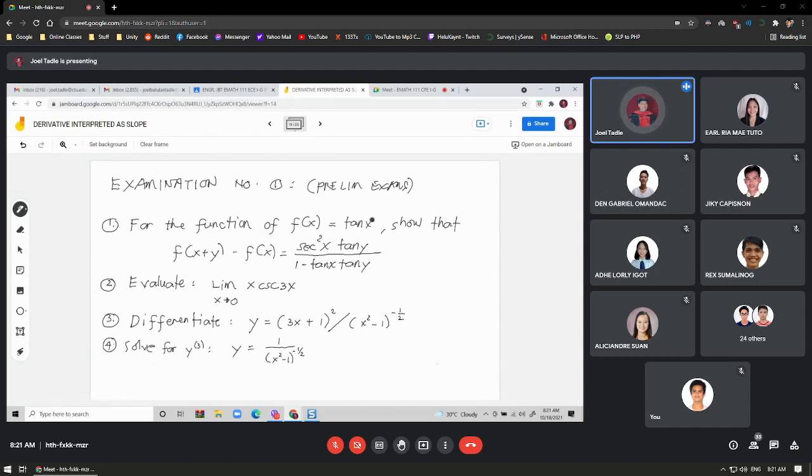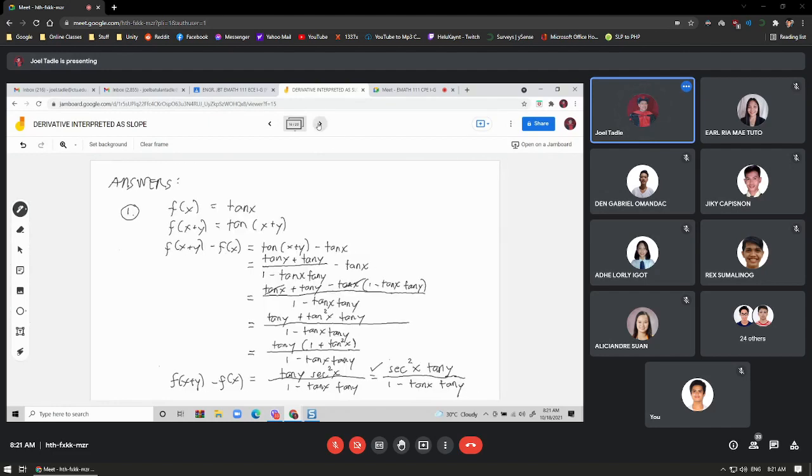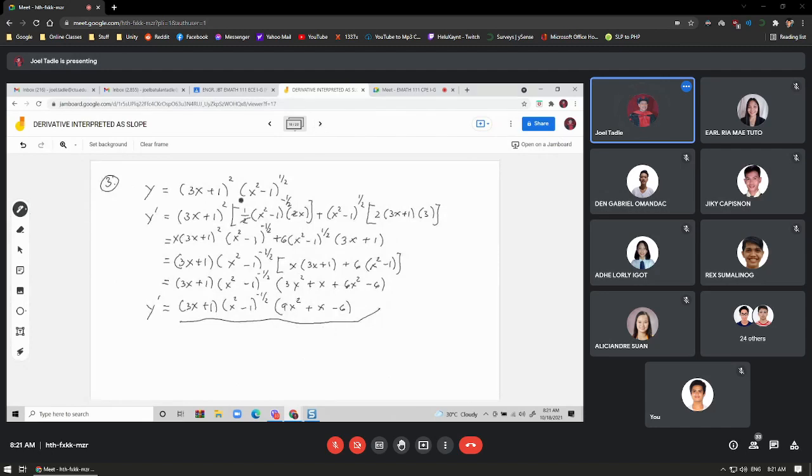So we transform it so that it becomes a product. In transforming, we raise the denominator to the numerator side. So we change the sign from negative to positive. So the exponent is now positive 1 half.